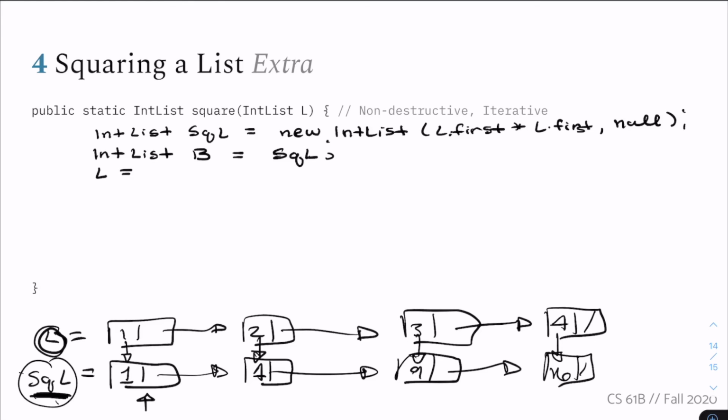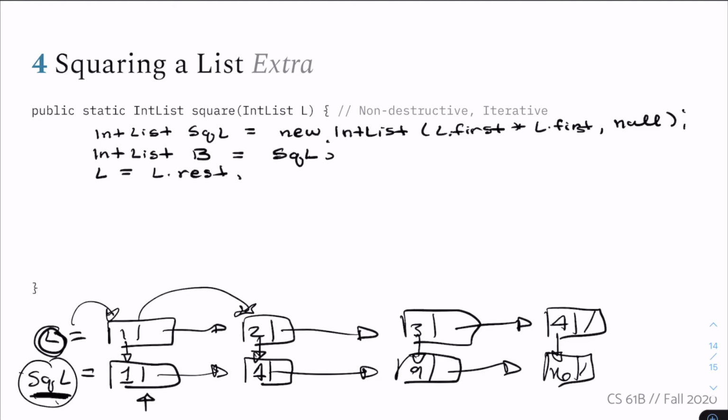We're not returning this one. So it doesn't matter if this pointer moves down the list, because we don't need it in the future. So we're going to set L equal to L.rest.